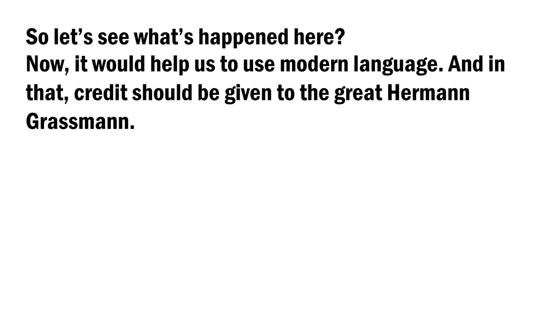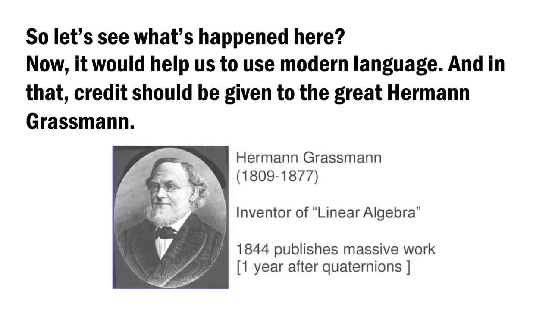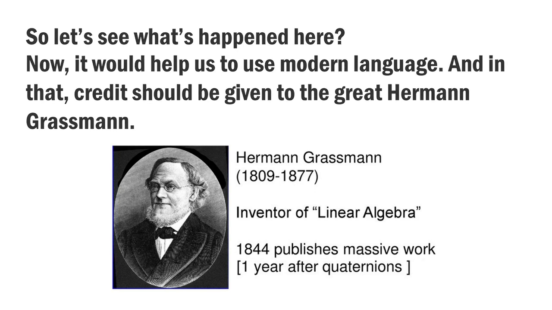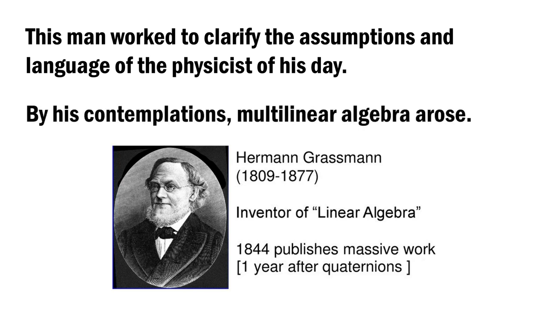Now, it would help us to use modern language, and in that, credit should be given to the great Hermann Grassmann. This man worked to clarify the assumptions and language of the physicists of his day. And by his contemplations, multilinear algebra arose.